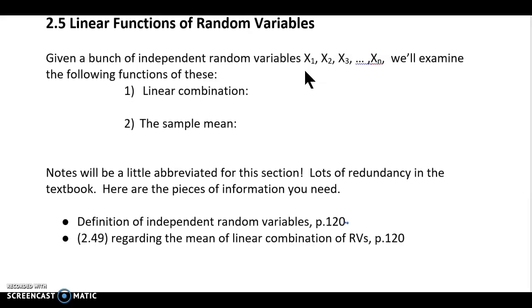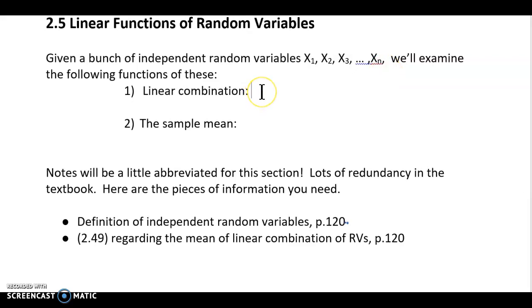Well, sometimes you have lots of them. For example, maybe x1 through xn were the weights of each of the people in this class. So we had x1 through x36, and we wanted to know things about all 36 of those together, somehow. In this section, we're going to be studying a linear combination of these things.